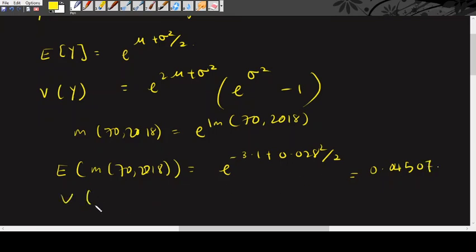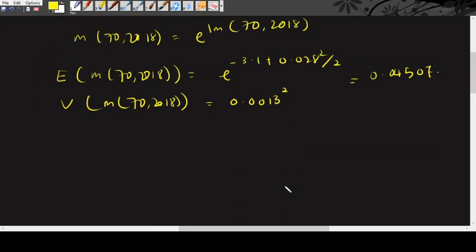And the variance of M70 2018, just replacing it inside the variance formula for the log normal, equals 0.0013 square.